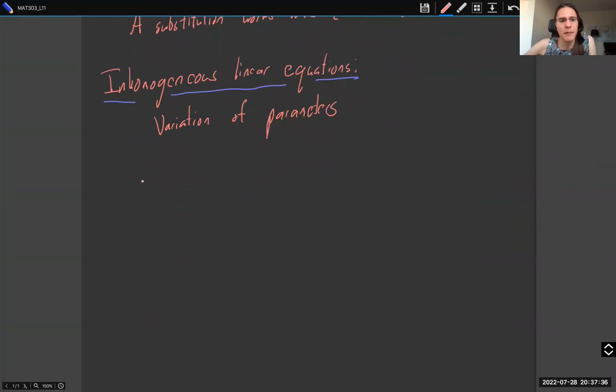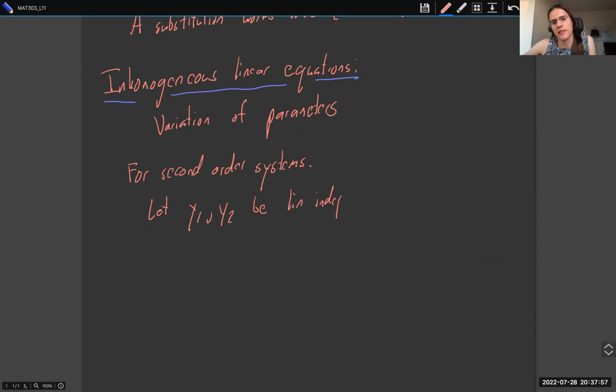So variation of parameters was for second order systems. So let y1 and y2 be linearly independent solutions of the homogeneous equation.